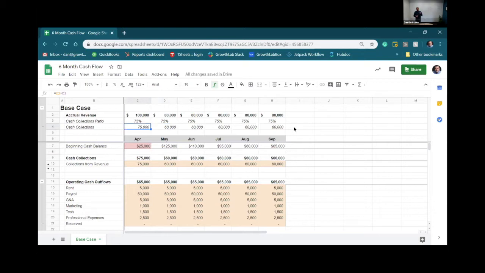In this scenario, if I were to guess, you have 100,000 drooping down to 80,000 from May through September on a monthly basis. Chances are, if this was the normal course of business, you would probably see much more than $60,000 being collected in May.